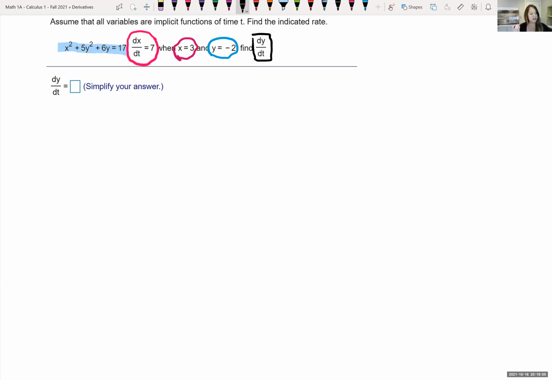Okay, so we want to start by taking the derivative of both sides of our equation. Again, x is in terms of time and y is in terms of time. If it helps you to think of that in terms of time, then write it as a function x of t and y of t.